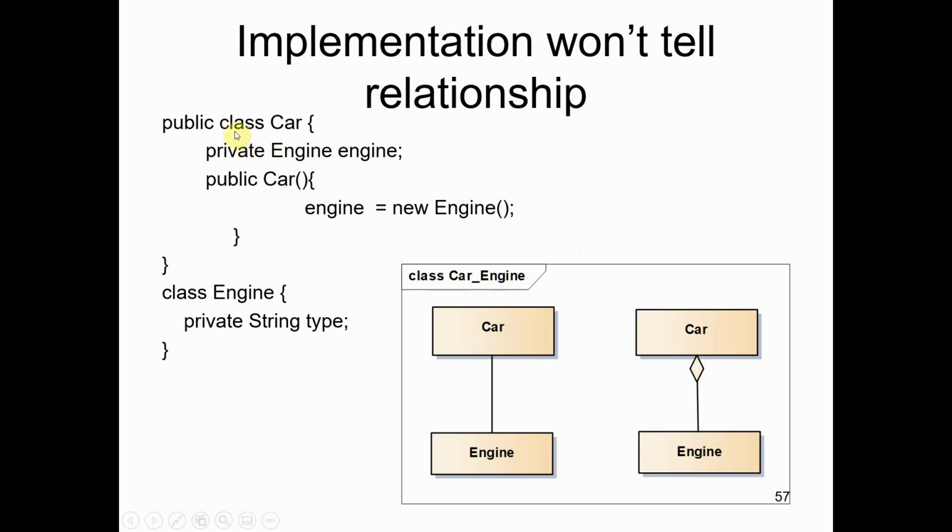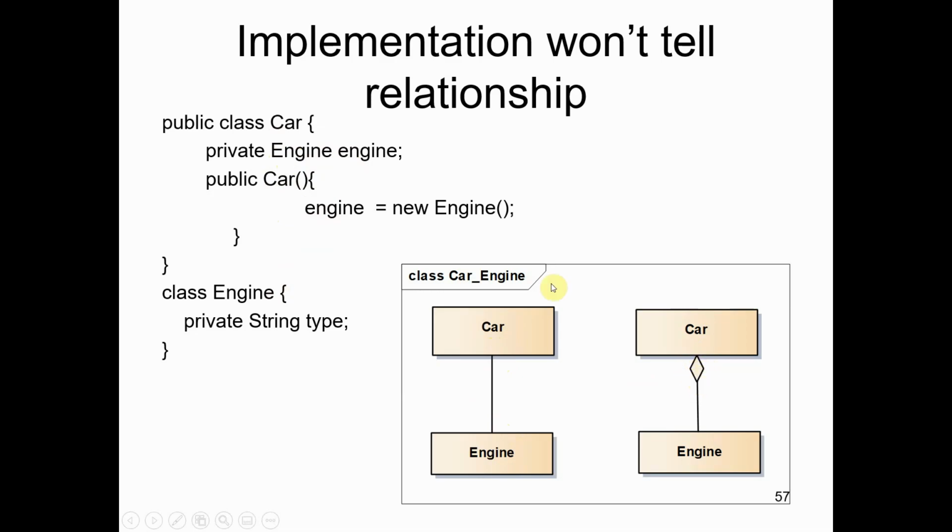So for example, from the source code, we see that this car has a container instance variable engine, and then you know that these two have an association relationship. Just by looking at the code, we know that. But if you put it in context, then you know the engine is part of the car. So actually, these two have an aggregation relationship.